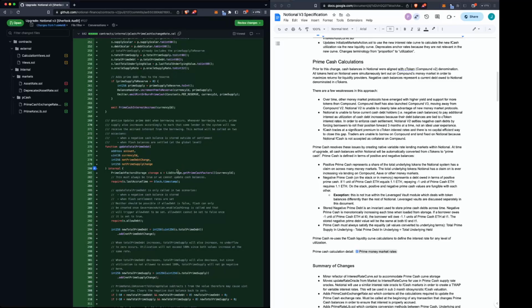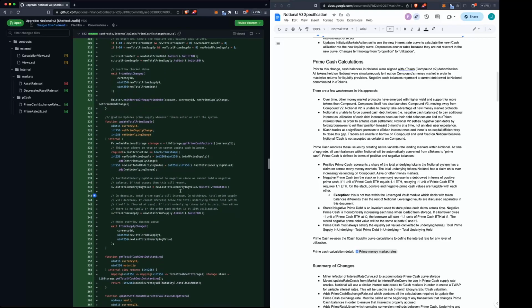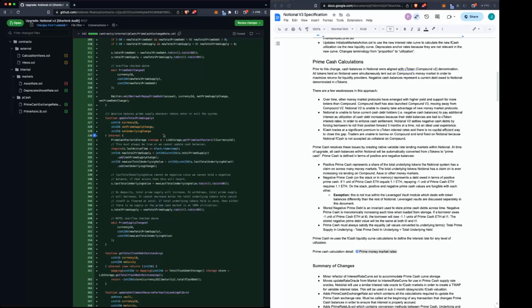So whenever the total debt balance changes, we're going to increase the debt and supply in proportional amounts. And when the total prime supply is updated, this occurs when actual USDC, underlying tokens, are added or withdrawn from the Notional system.